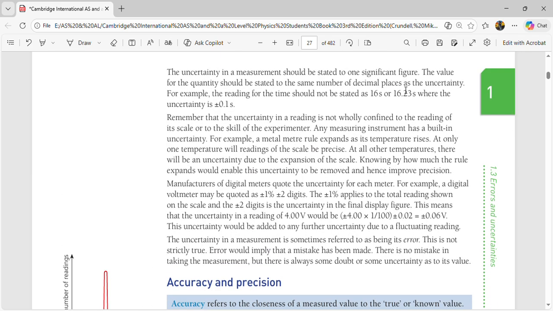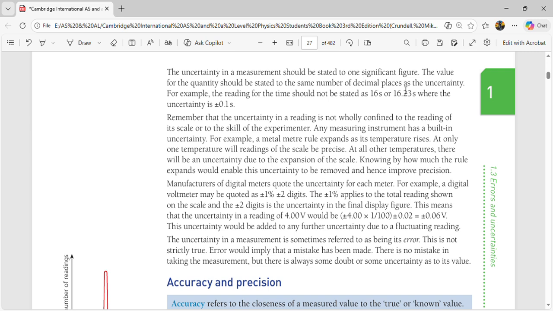So like I told you, the uncertainty in a measurement should be stated to one significant figure: 1, 0.01, 0.5, 0.00005, to one significant figure like this. And the value for the quantity should be stated to the same number of dp's, decimal places, as the uncertainty.